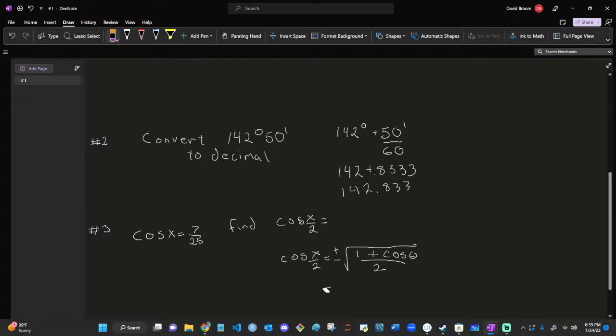They gave some extra information that we need to find the sign: x was in between this interval, 0 and pi over 2. So it's in quadrant 1. Half of quadrant 1 would still be positive for cosine, so we'll pick that value. So you'll just say it's plus, and they already tell us what cosine is, 7 over 25, and that's over 2.